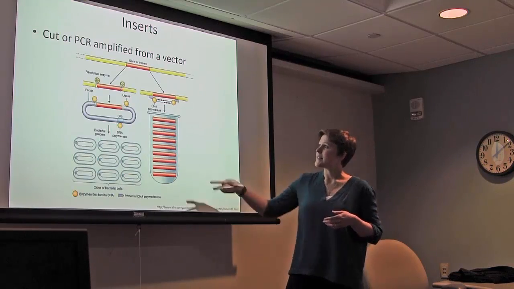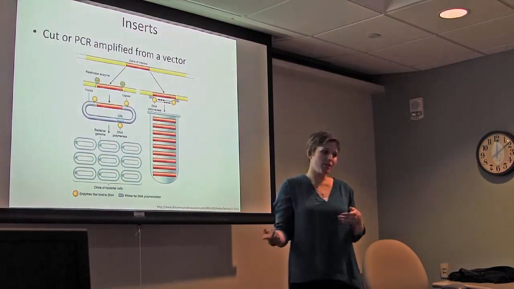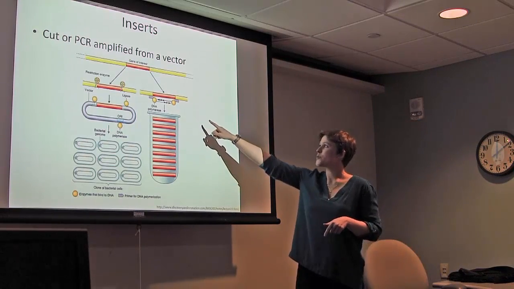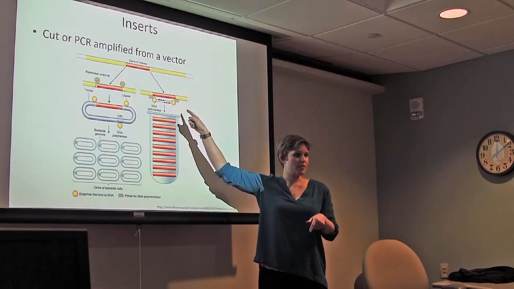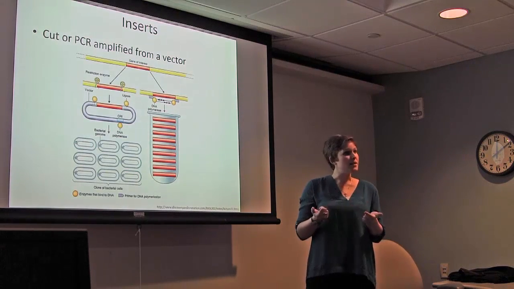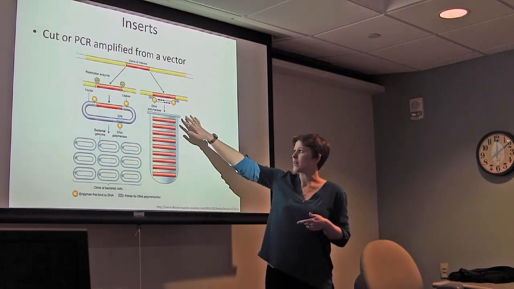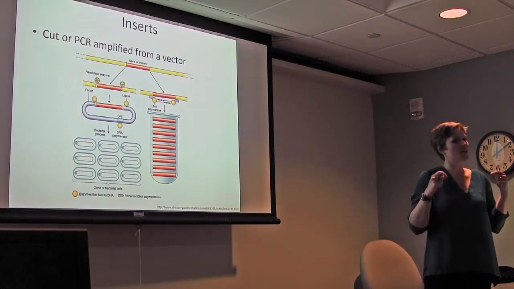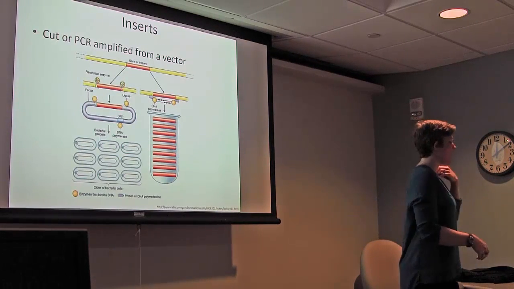The way you can do that is either by cutting with restriction enzymes, which I'll get into a little bit later, or you can use primers to your gene of interest and amplify by PCR what you want. So you can end up with these nice PCR amplified duplexes that you can ultimately pop into your vector.